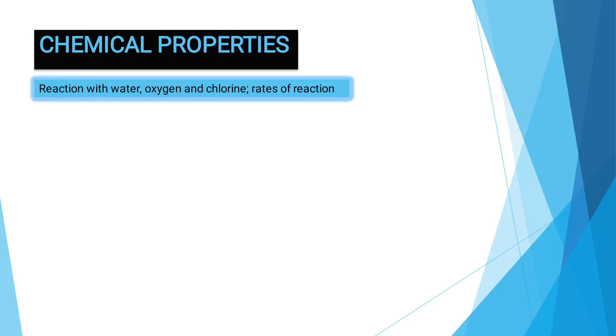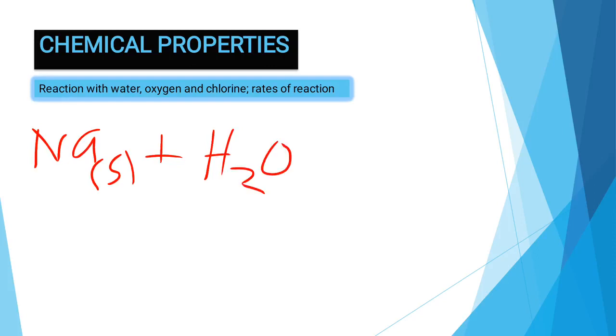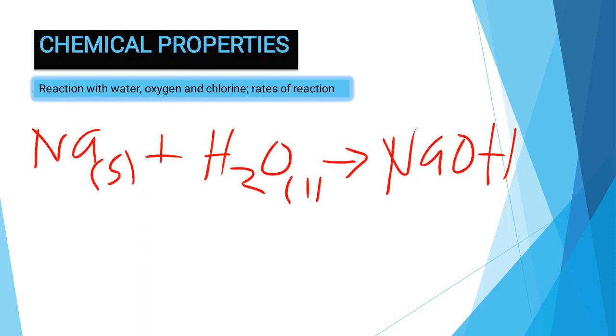Being strong alkaline gives them the name alkali metals. Therefore, an example, sodium, which is a solid, will react with water, which is a liquid, to give us sodium hydroxide, which is aqueous, plus hydrogen gas.